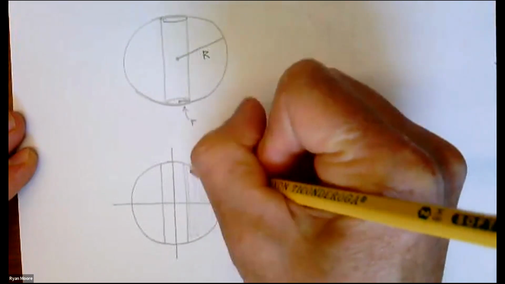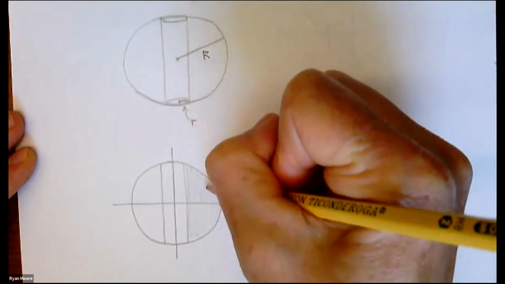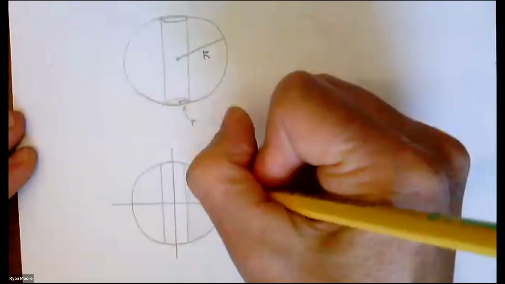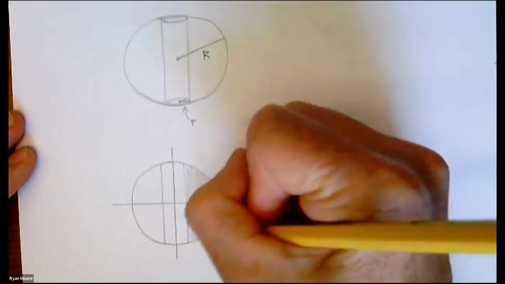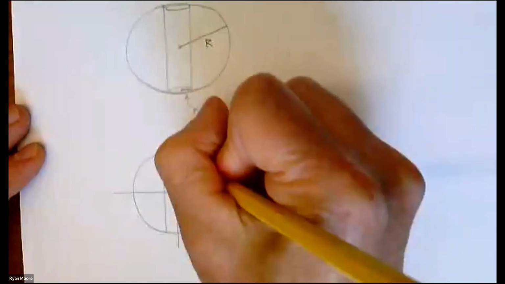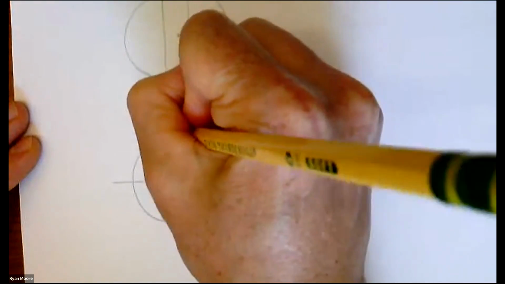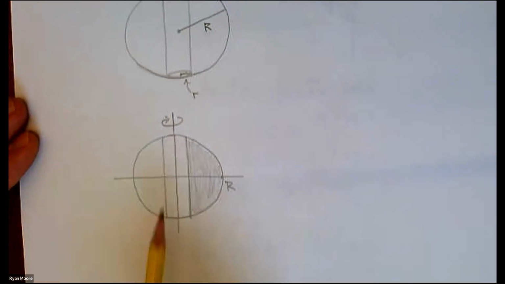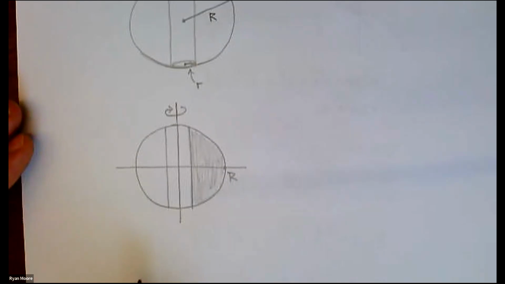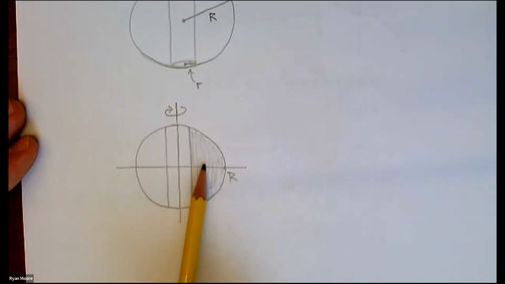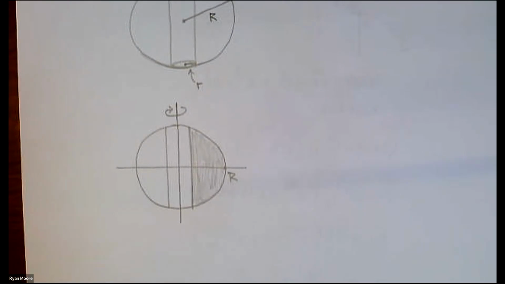This region, and just the region on the right side, because it's got to spin all the way around 360. If we took that region right there and spun it around the y-axis, it would create that shape. There'd be that gap in the middle.